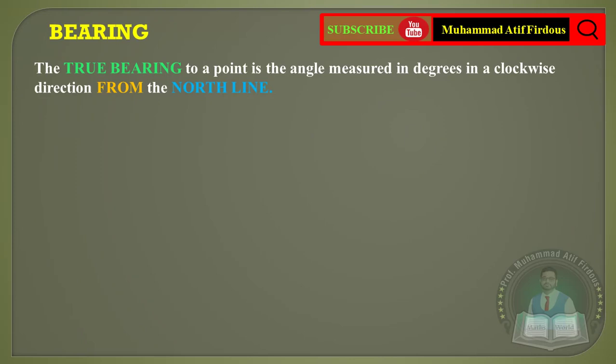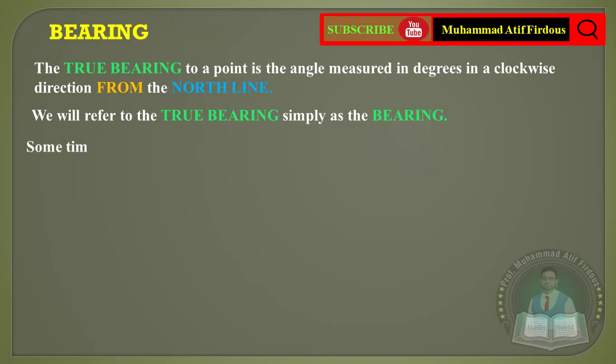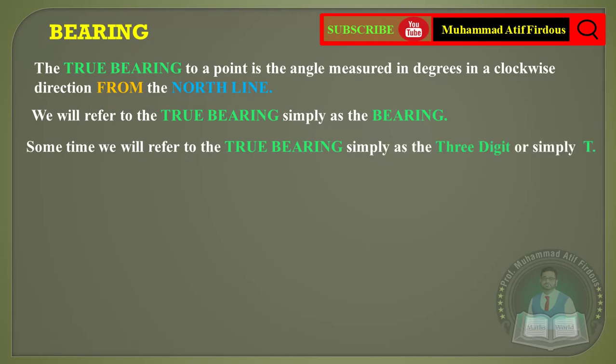In it, the angle is always measured from the north line, and we always take the clockwise direction. We will refer to the true bearing simply as bearing, or as the three digits, or simply with the capital letter T. T stands for true bearing, three digit bearing or simple bearing.